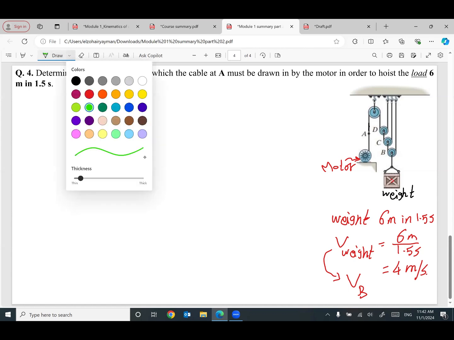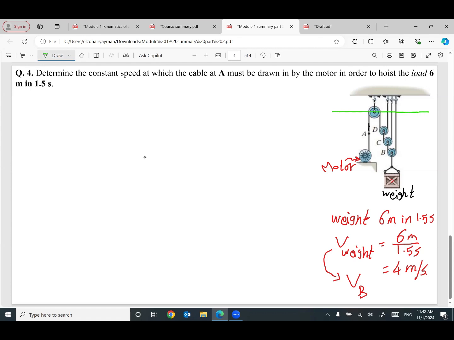I would like first to start. We must have a datum reference. This reference will be at the upper pulley. From this reference, I can measure out any distance.